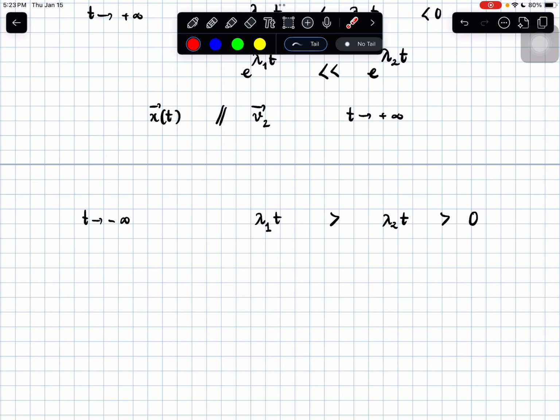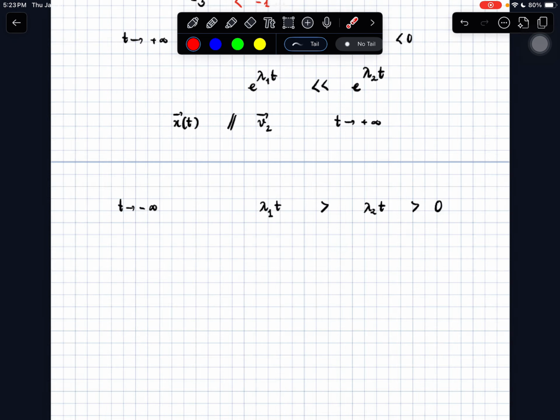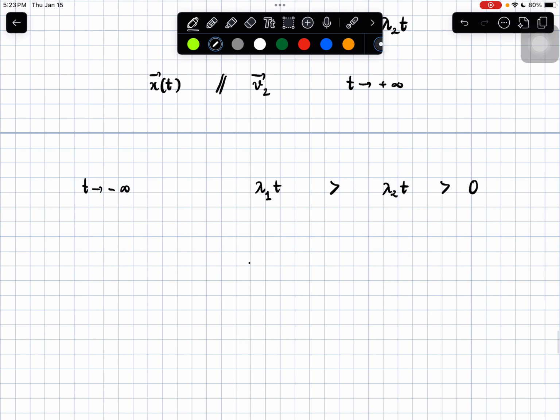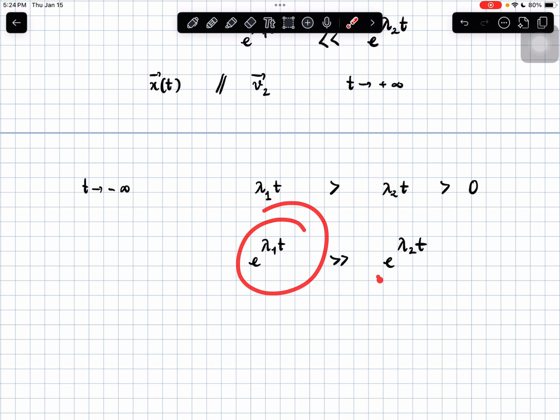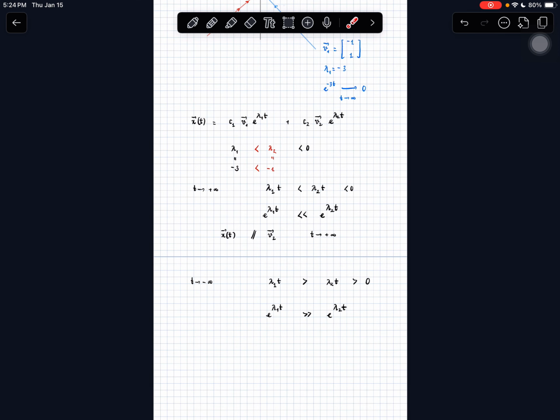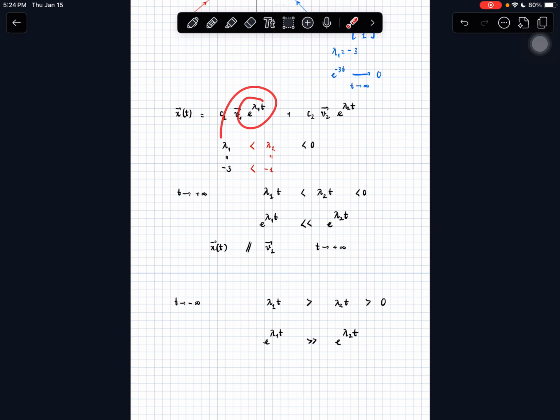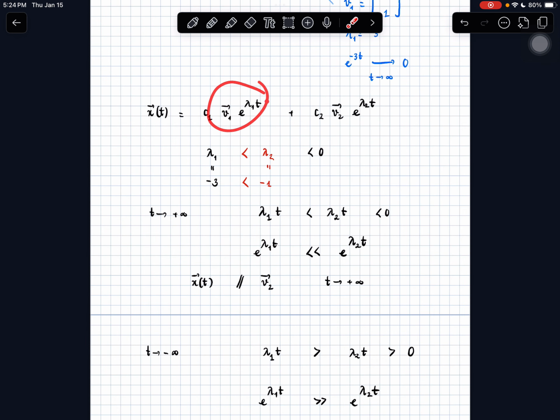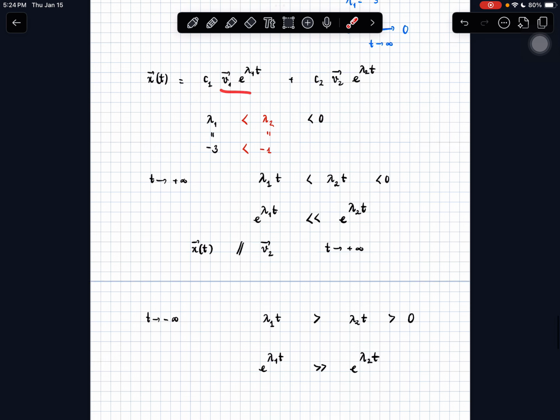Then e^(lambda 1 t) becomes very big compared to e^(lambda 2 t), so this term dominates.